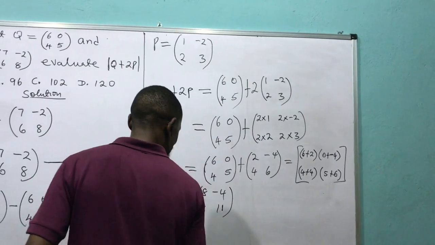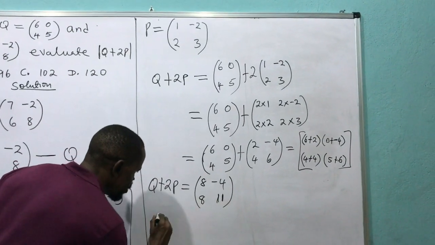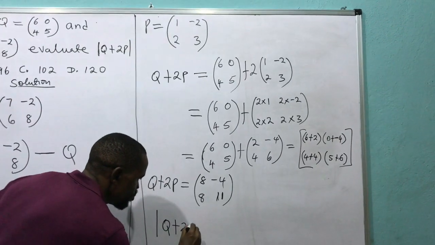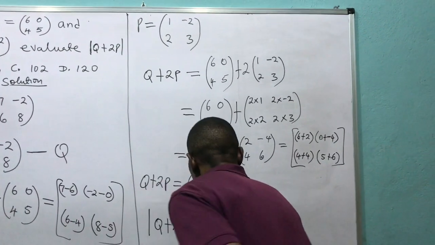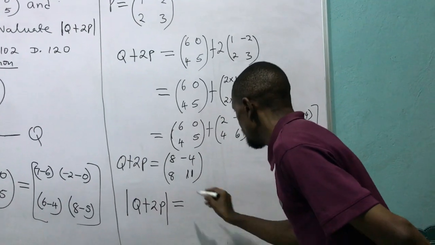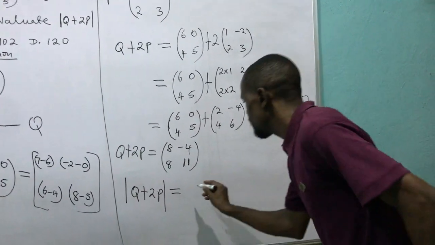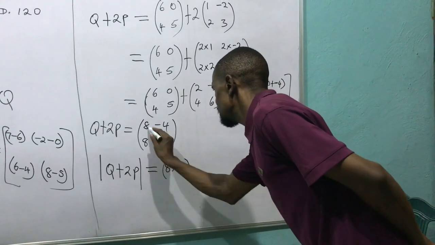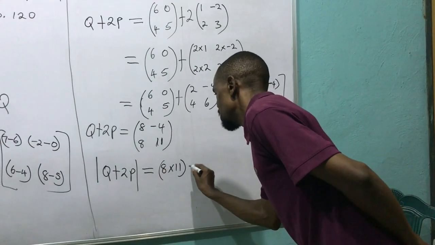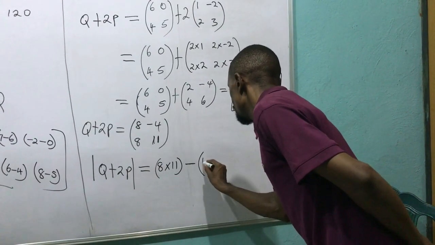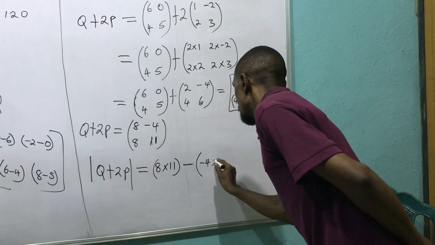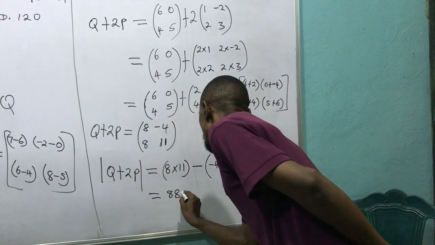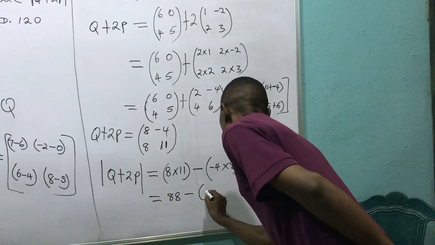Then now, what did they tell me to get? The determinant of this, Q plus 2P. What does it mean? You remember that if you have this, it means 8 times 11 in bracket, minus, this minus is a constant, into minus 4 minus 4 times 8, close, and this will give me 8 minus into what?